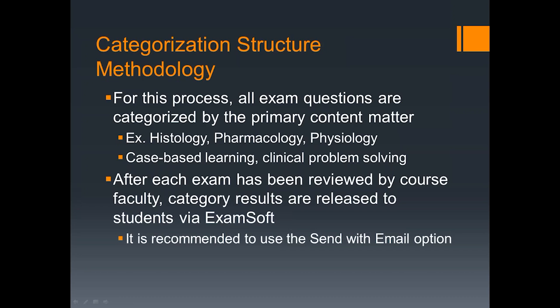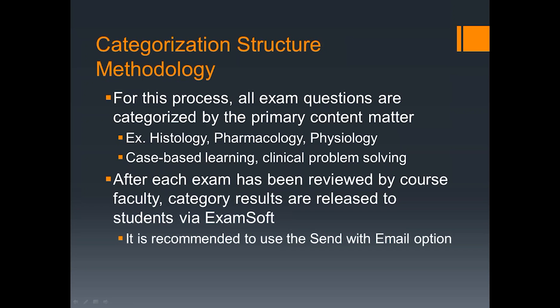We've had folks at times that just post it, and students here aren't really trained yet to randomly check their ExamSoft portal to see if changes have been updated. This way, they get an email with, I think, four basic steps and a link for how to access their information. So for each exam, you can include any information you want, or you can have it be literally just their score or their percentage, and anything in between.